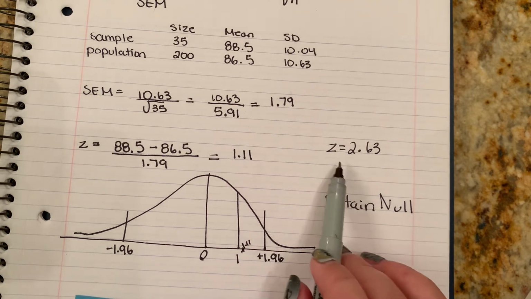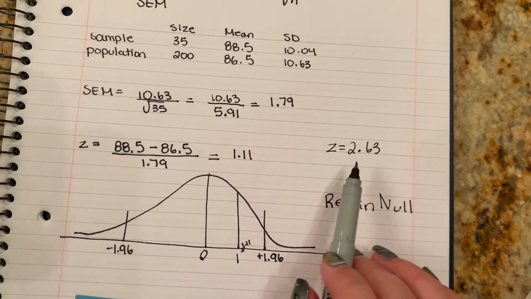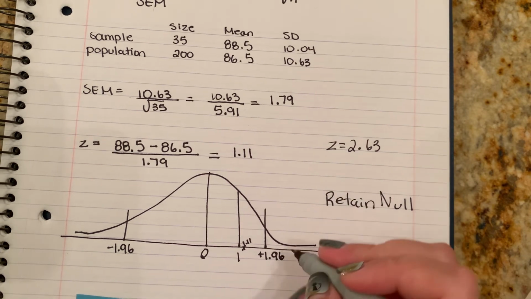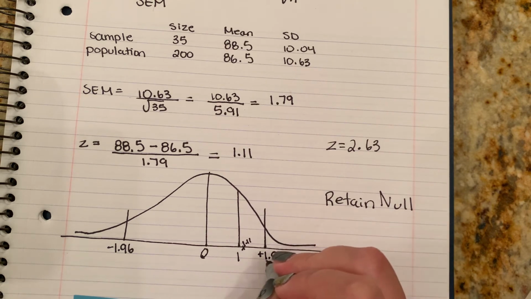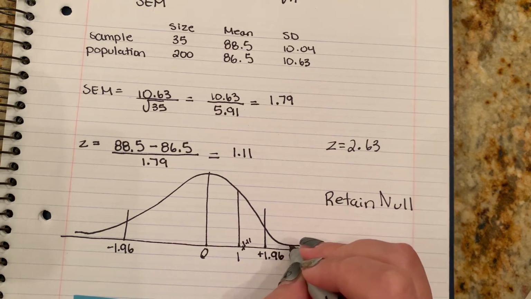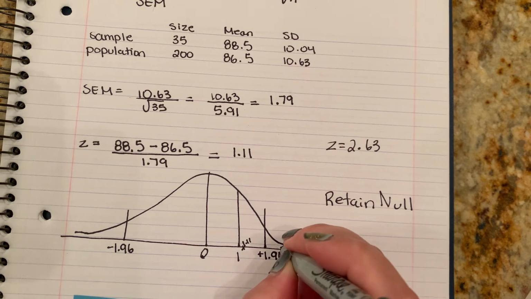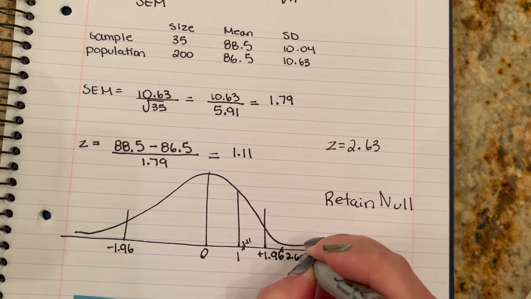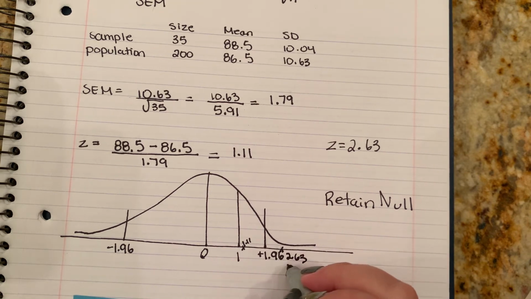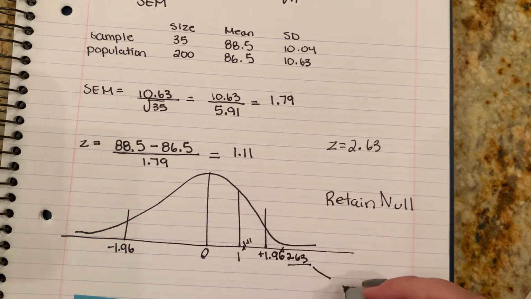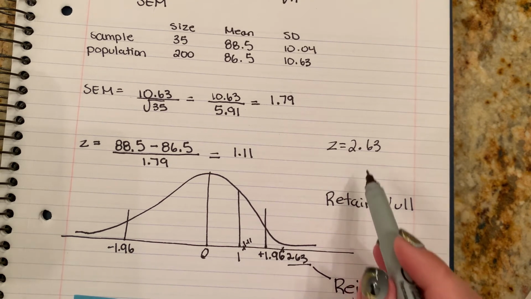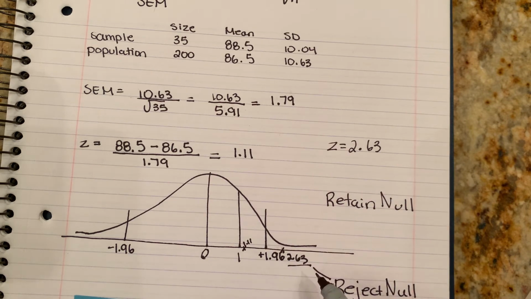So if this is what we had gotten instead, 2.63, then this value would be found beyond our critical value, probably somewhere right around here. And if that was the case, then we would want to reject the null because our obtained value exceeds the critical value.